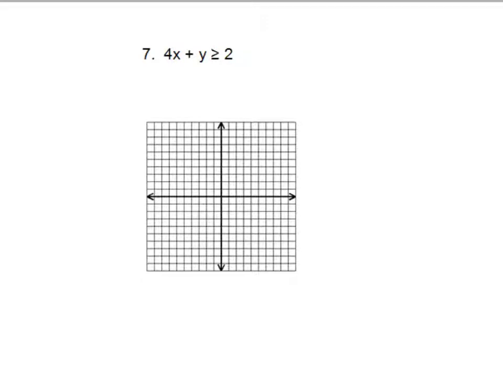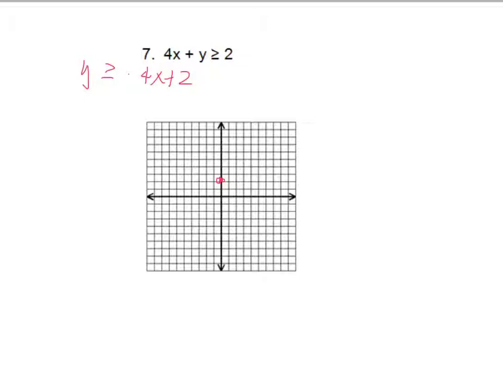All right, 4x plus y is greater than or equal to 2. This time, I'm going to graph it by using slope-intercept form because it's really easy for me to move that 4x. So if I remove that 4x, my equation would be y is greater than or equal to negative 4x plus 2.